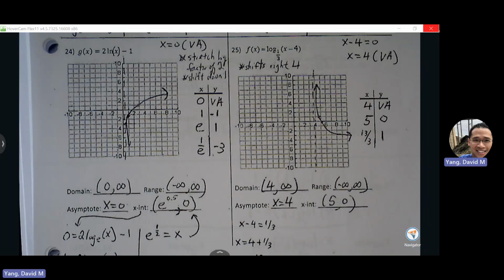I do have a summer packet for any students who are taking A, B, or BC next year. This is non-mandatory, just voluntary. If you want to review some of the logs, the pre-calc, the trig, you're welcome to pick one up. The key is attached. If you're taking AB, we're going to spend a week doing some review.